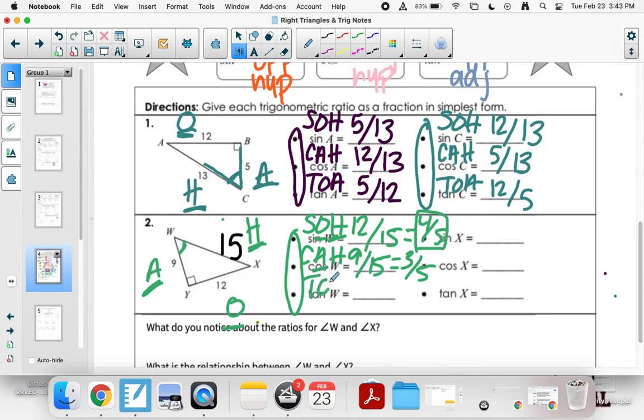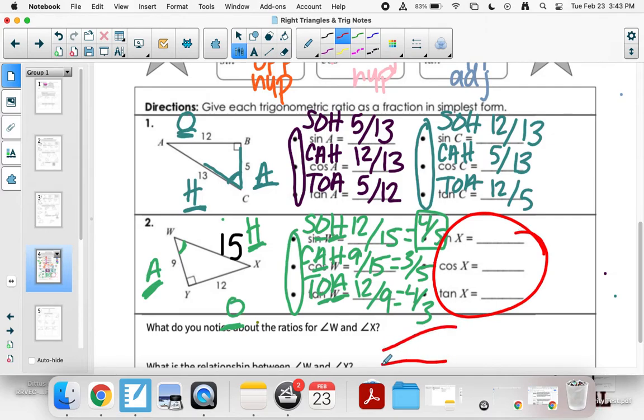And the last one, TOA: O has to go on top, 12, and the adjacent has to go on the bottom, 9. Simplify, 3 goes in there again: 4/3. Okay, you try the X and then try to answer those 2 questions. We will talk about it on your box.